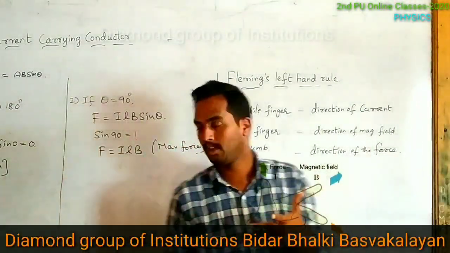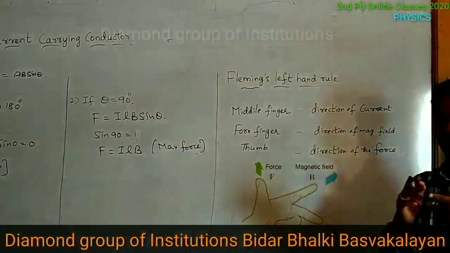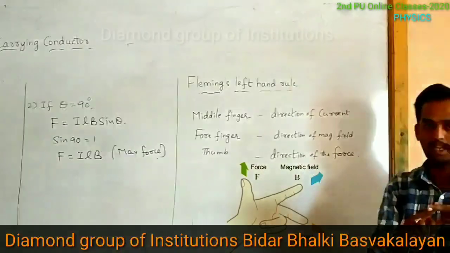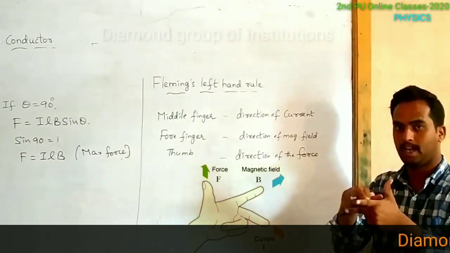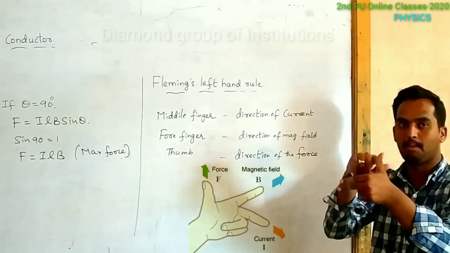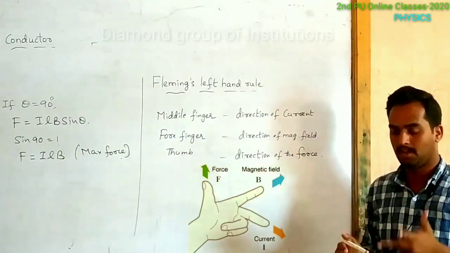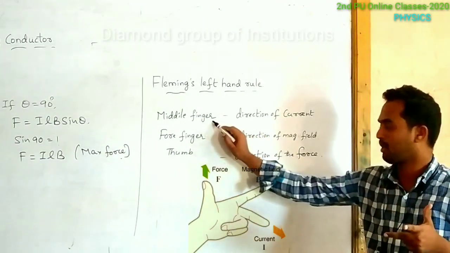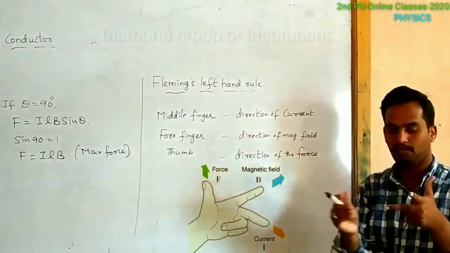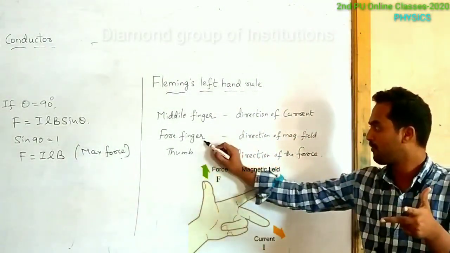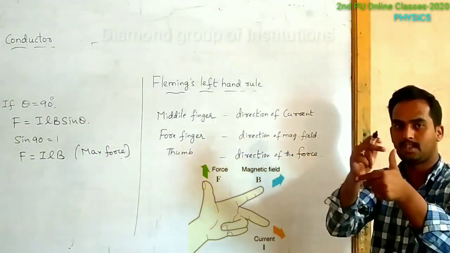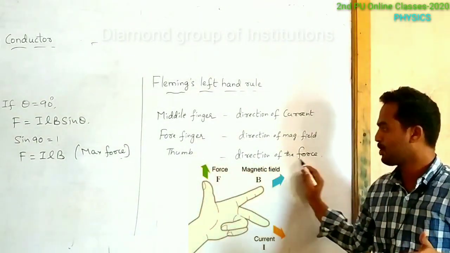Then the middle finger indicates the direction of the current, the forefinger indicates the direction of the magnetic field, and the thumb indicates the direction of the force. Once again, the middle finger of your left hand indicates the direction of the current, the forefinger indicates the direction of the magnetic field, and the thumb indicates the direction of the force.